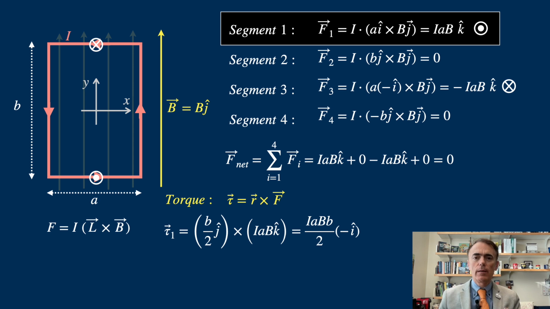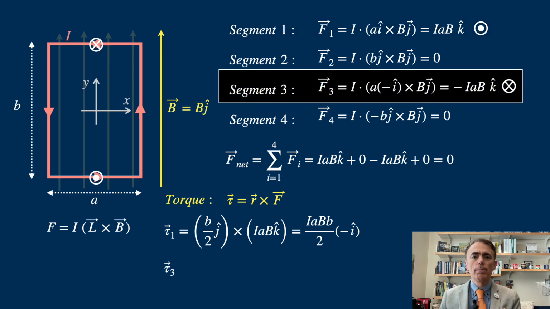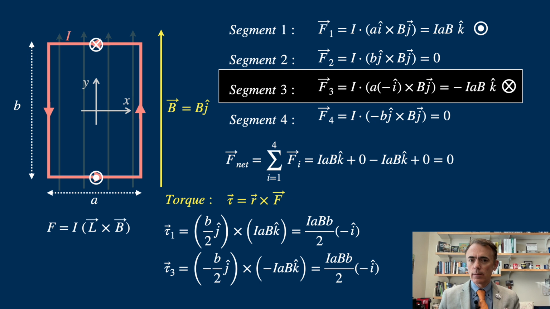We can do exactly the same for force 3, and we get that the torque from force 3 is minus b over 2 j hat times minus I a B k hat.